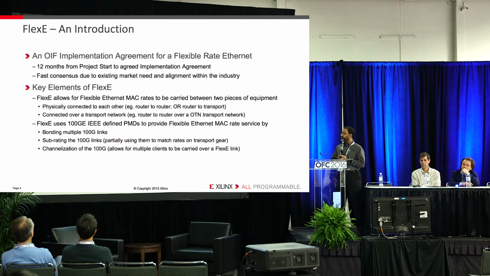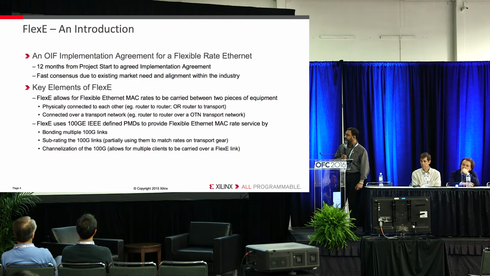And it allows you to physically connect equipment together, so a router to another router, or a router to a transport box, as well as connect equipment over transport networks. So for example, two routers connected over an OTN transport network.